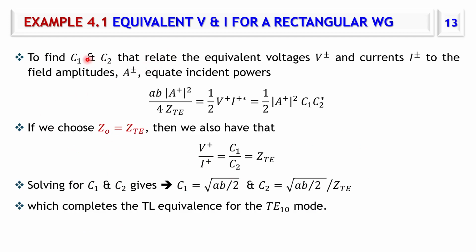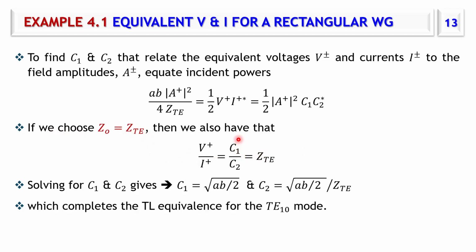So to find C1 and C2, that relate the equivalent voltage and current to the parameter A, we can equate the incident power in that format, and we can choose Z naught to equal the wave impedance for the transverse electric mode.